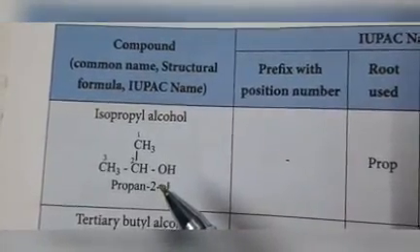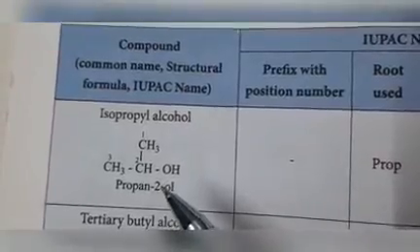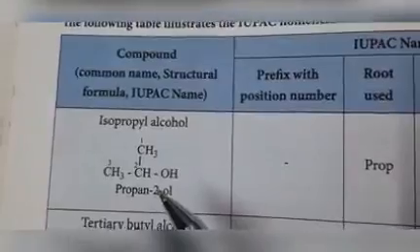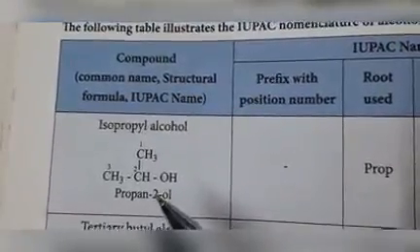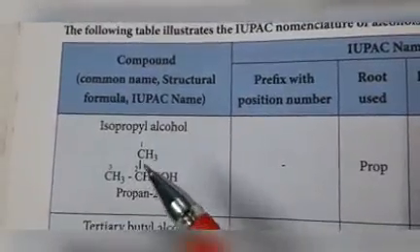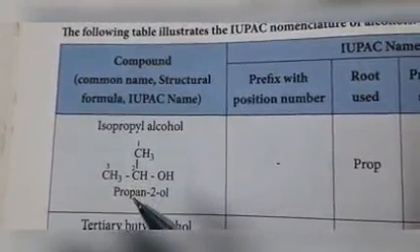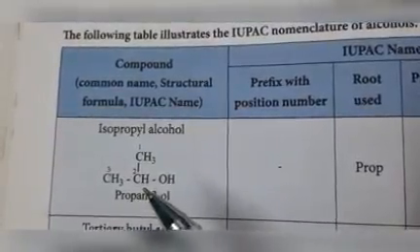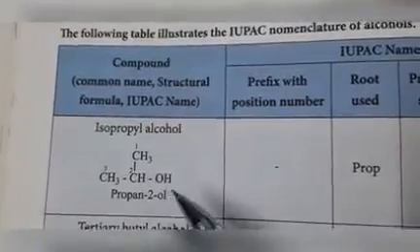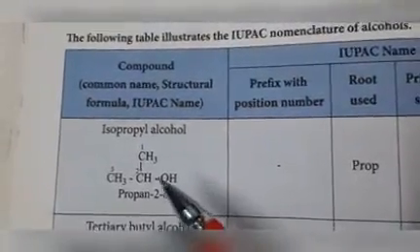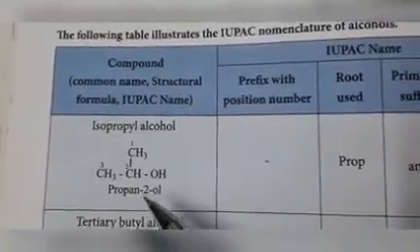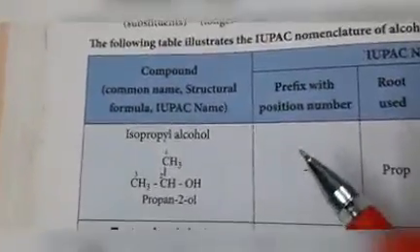If OH is present, in the alkane name the E is replaced by OL. What is the alkane name here? 3 carbons are present, so propane. In propane, E is replaced by OL, so you get propanol. OH is attached to the second carbon, so 2-propanol or propan-2-ol.